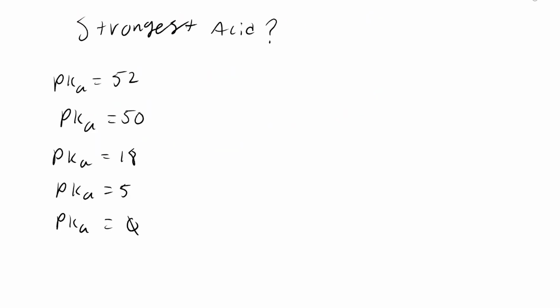Which one is the strongest acid? Well, here's a trend that you need to know for this class. As the pKa rises, our acidity decreases. So it's an inverse relationship. And for bases, as the pKa rises, the basicity increases.